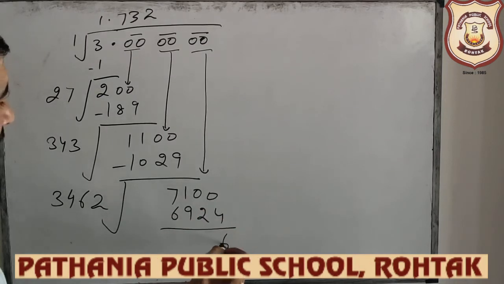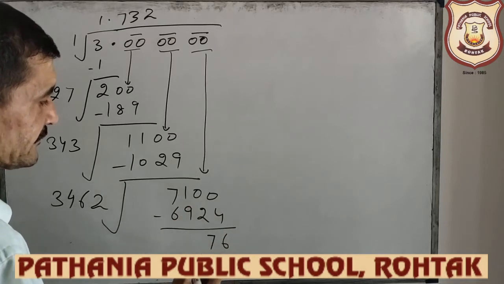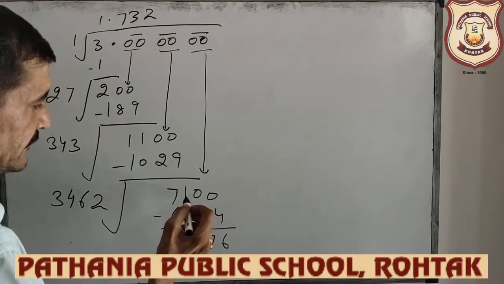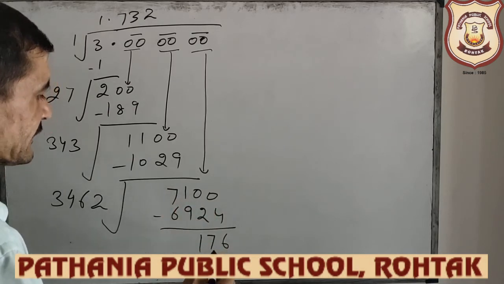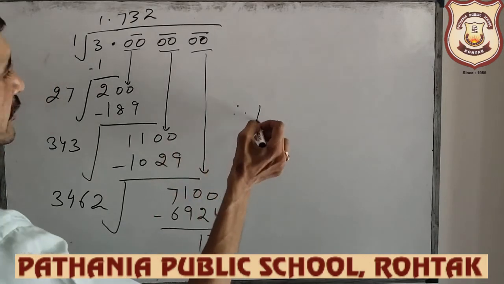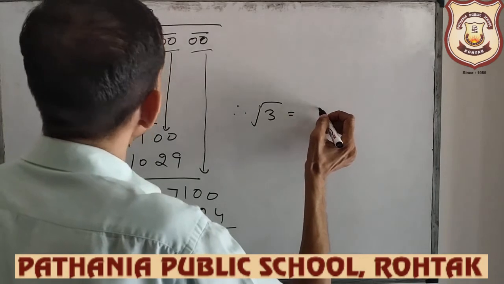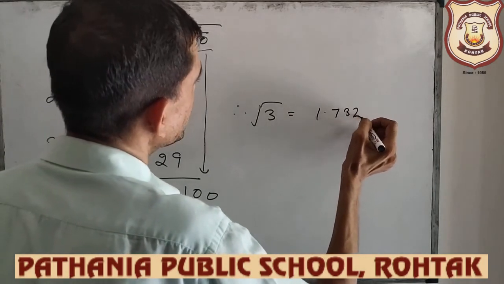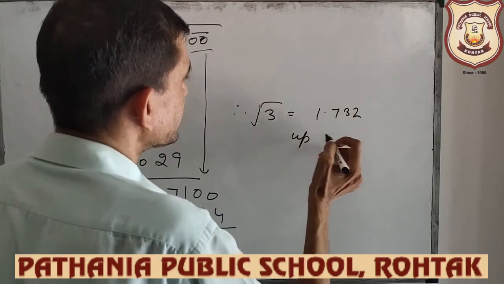What is left? 10 minus 4 is 6, 9 minus 2 is 7. This is 0. So 10 minus 9, 176 is the remainder. So therefore, under root 3 is equal to 1.732 and so on. This answer will come up to 3 places of decimal.